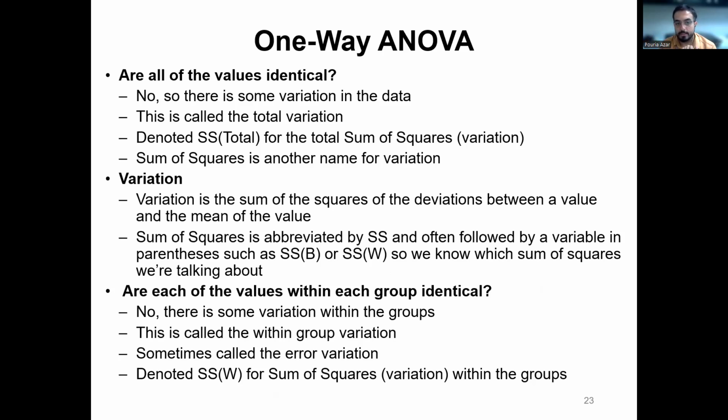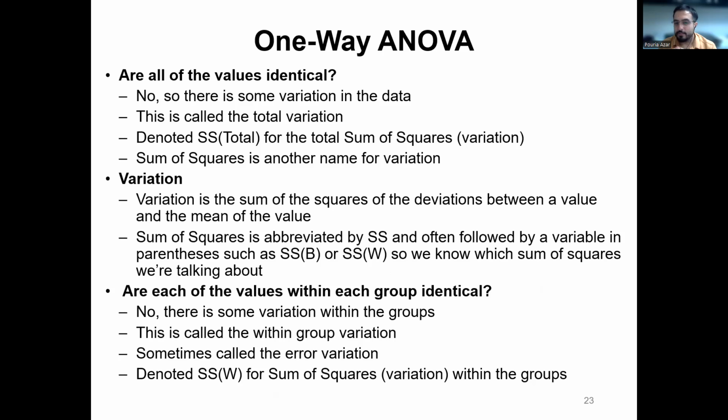And sum of squares is abbreviated by SS, and often followed by a variable in parentheses such as SSB or SSW. So SSB is sum of squares between, and SSW is sum of squares within. So we know which sum of squares we are talking about.